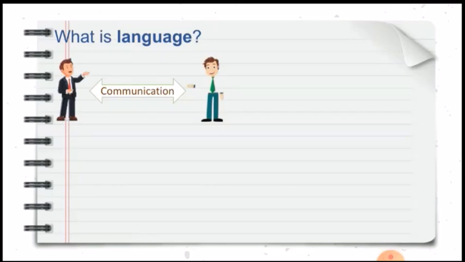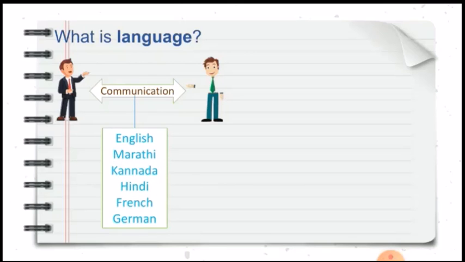Suppose one person wants to communicate with another person, he can use traditional languages such as English, Marathi, Kannada, Hindi, French, German, etc. So communication means basically one person is giving instruction to another person by using any one of the known languages which both can understand easily.